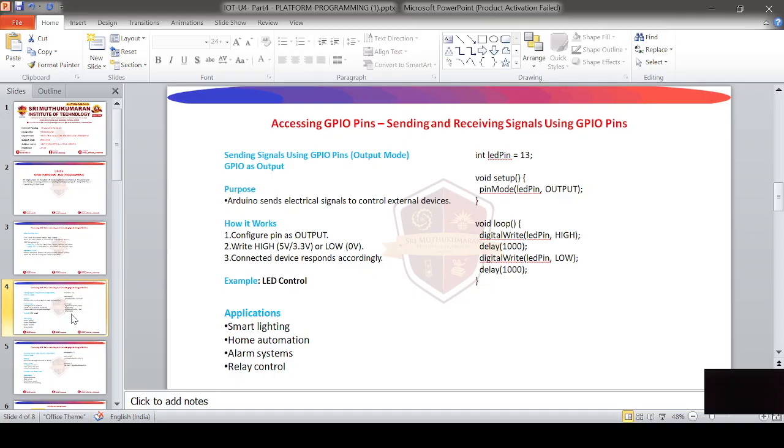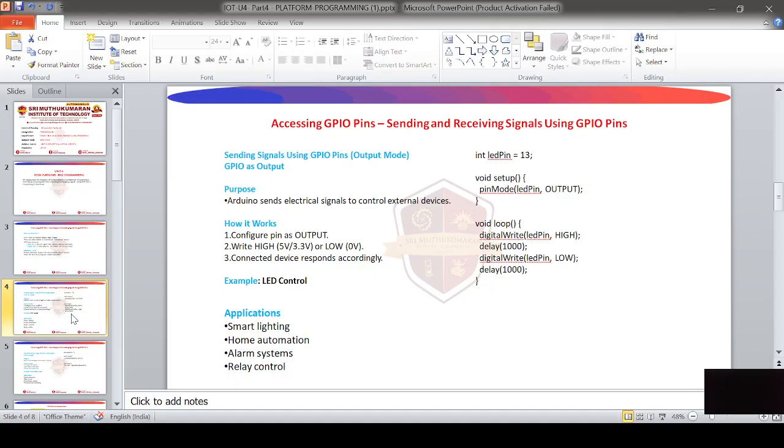An example is LED control. See the programming on the right-hand side. int ledPin = 13, so 13 is the LED pin. Void setup runs one time only. pinMode(ledPin, OUTPUT): the 13th pin is going to act in output mode, generating electrical signals and giving them to the outside world.